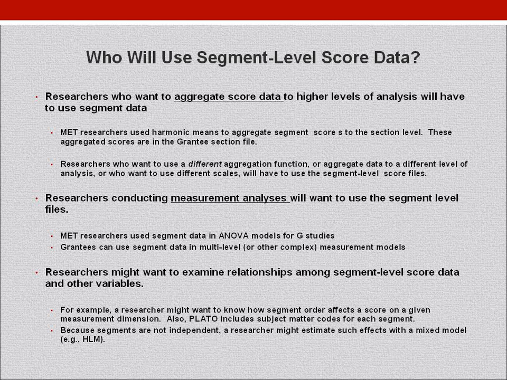So anyone who's interested in using a different function or aggregating to a different level, or is not really interested in the scales that were used by the MET researchers, will have to use the segment-level score data. It's also the case that researchers who are conducting basic measurement analyses will want to use the segment-level files.